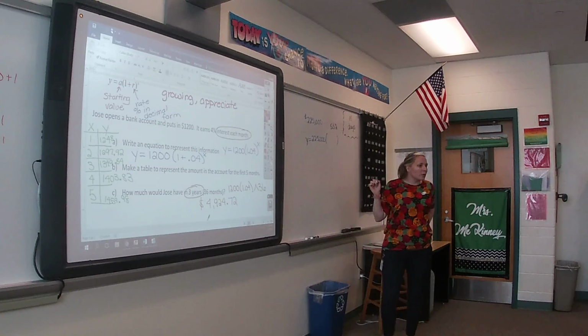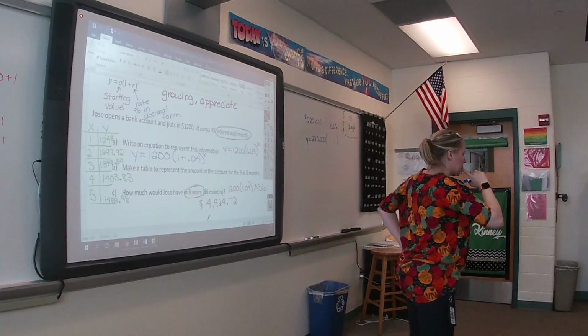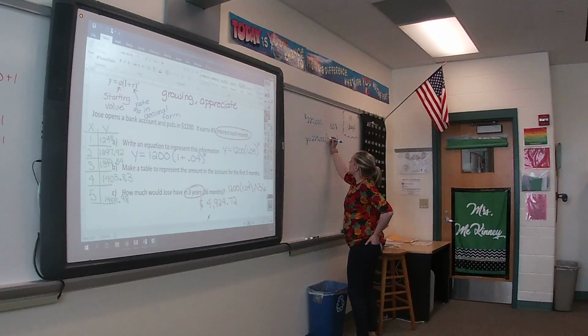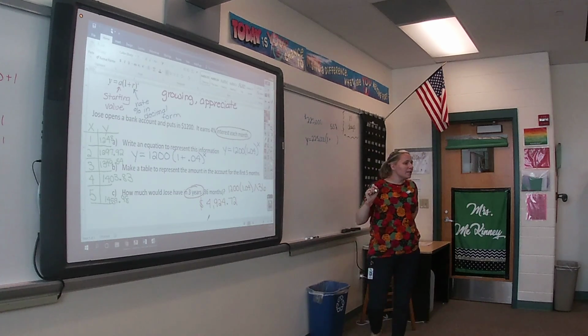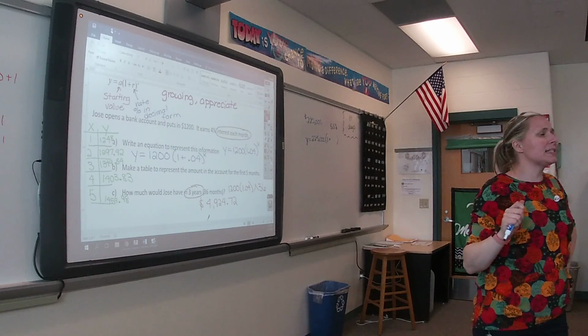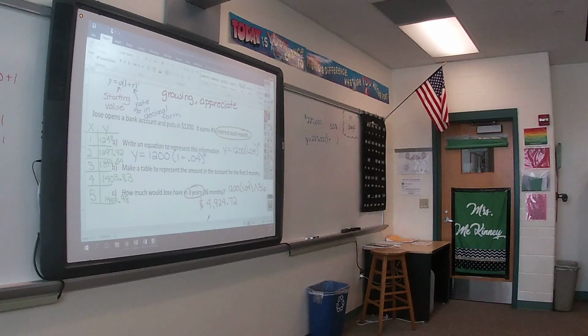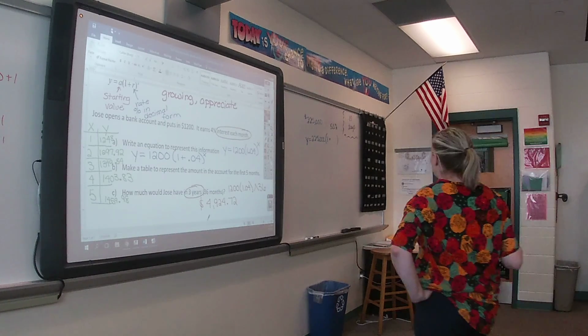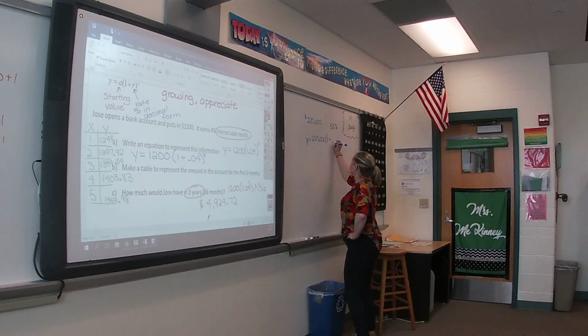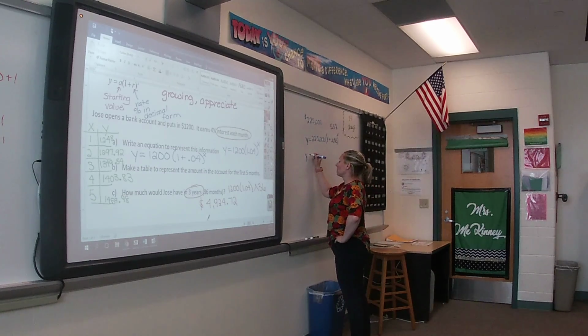Okay, what's going to be in our parentheses? 1 plus. How do we do 5.5% as a decimal? Just divide 5.5 by 100. So 5.5 divided by 100 is going to give us 0.055. All to the x.